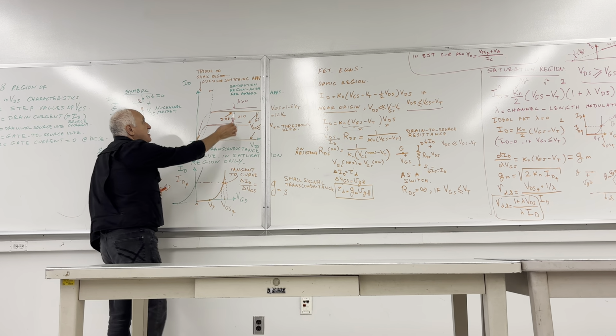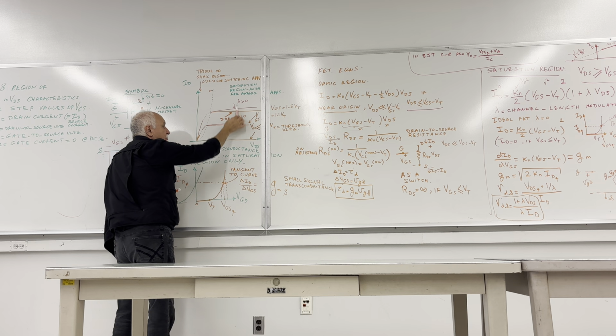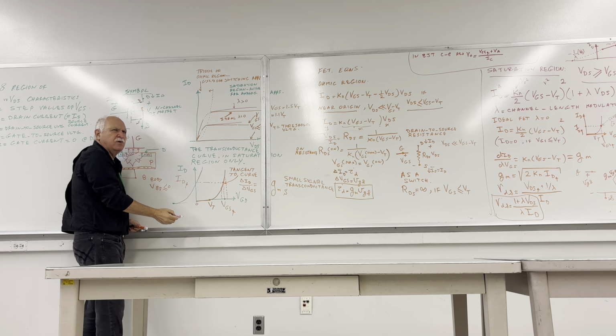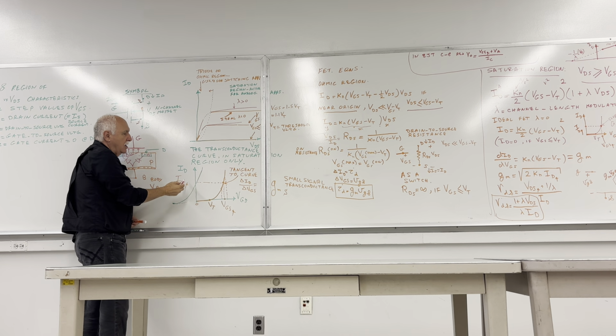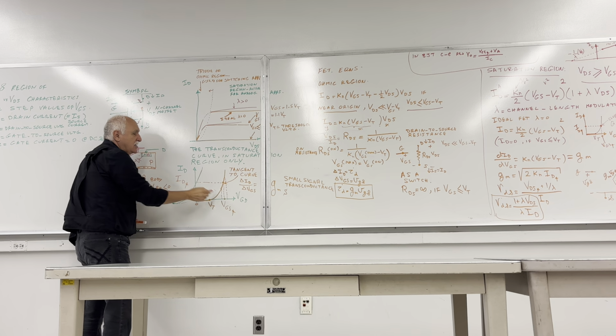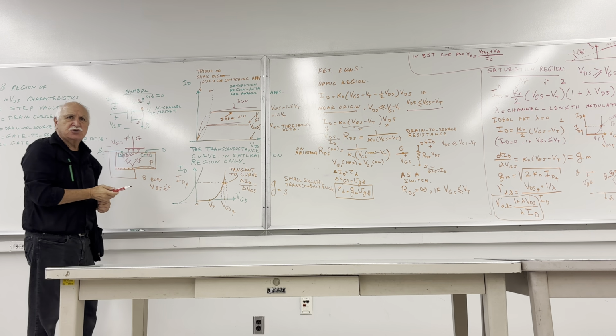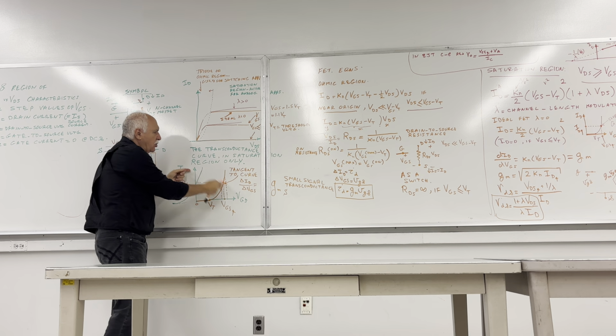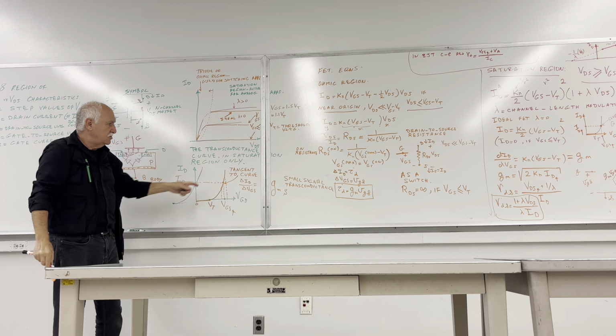If you're operating in the saturation region here, then this is your another equation, very convenient. It's called the transconductance equation. It's ID as a function of gate to source, perfect for analysis. You can use load line, everything to get the solutions.